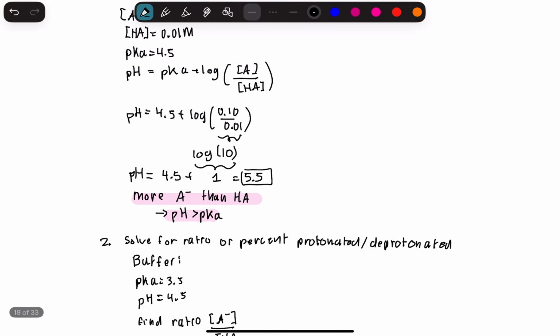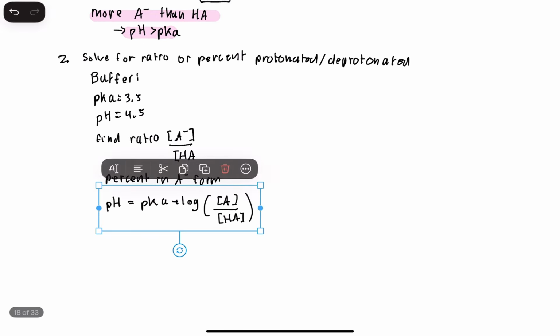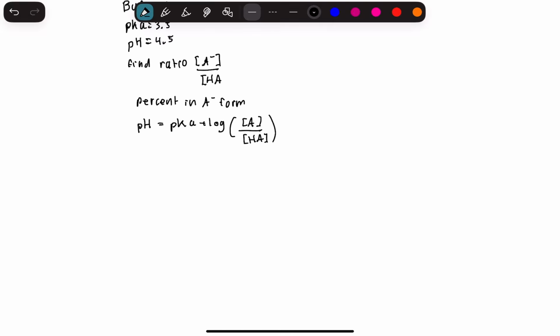Okay, so we can rewrite our pH equation down here. This was our pH equation, right? We start with that equation and then plug everything in. What we want to do is subtract the pKa from both sides. So we have 4.5 minus 3.5 is equal to log of A minus divided by HA.